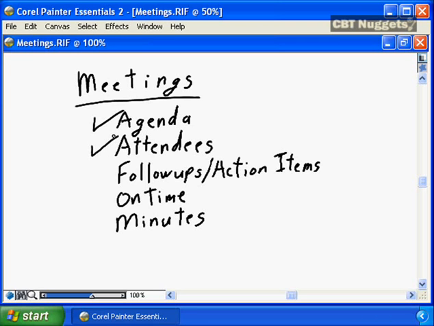You need to ensure that the right people attend the meeting, and that only the right people attend the meeting. If the attendee does not have anything to contribute to the meeting or will not directly benefit from the meeting, they should not be invited. Everybody in that meeting should either be a direct participant providing value, or should be a receiver of value from the meeting. You should not have casual onlookers.